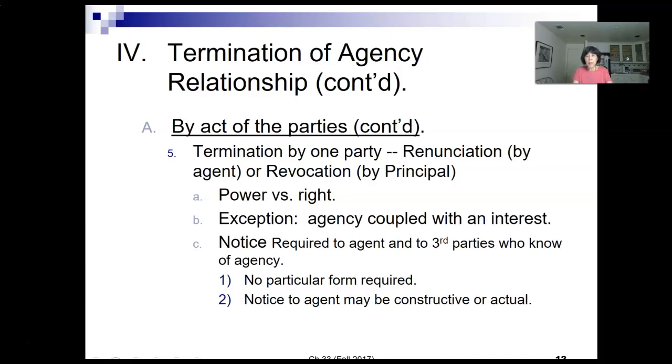It'll be a placement of a notice maybe in a publication, whether that's online or print, a magazine or something like that, just telling people that are interested, including your agent, that there no longer is an agency relationship. Or it could be posting a notice at a construction site or something like that, or at the outlet that you might have, or in the office space that you might have. So that's what we mean by constructive as an indirect notice.